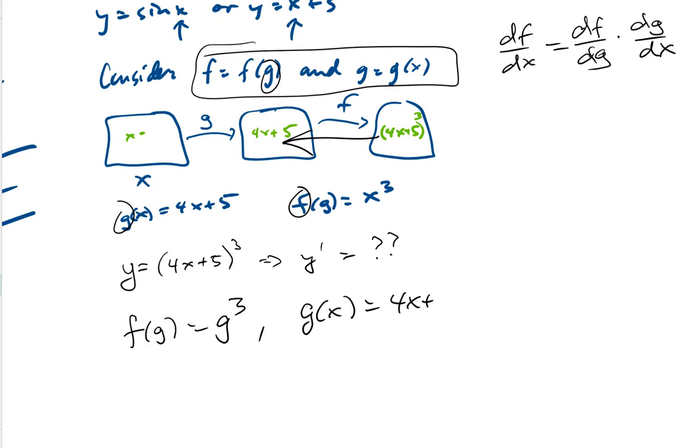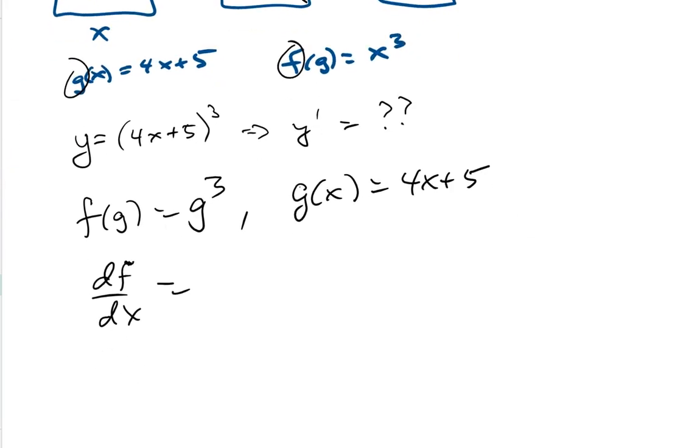So the derivative of f with respect to x is the derivative of f with respect to g, you do that first, and then times the derivative of g with respect to x. You can almost think of it as like these two canceling. That's not what's happening, but if that helps you remember it, that's okay.